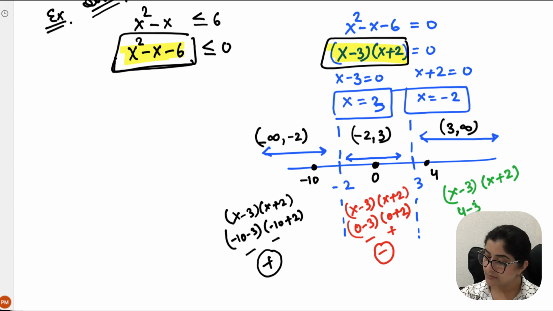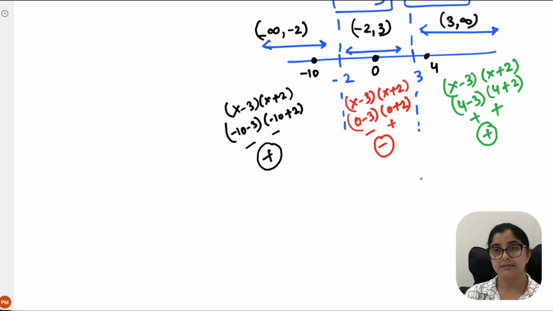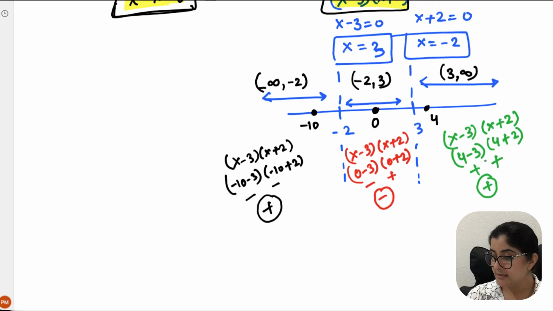Replace x with 4 and see the sign: positive, positive. Two positives multiplied together is positive. So we found the sign of the expression in each subinterval.